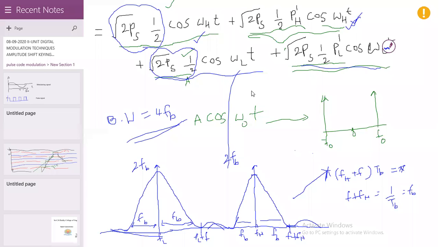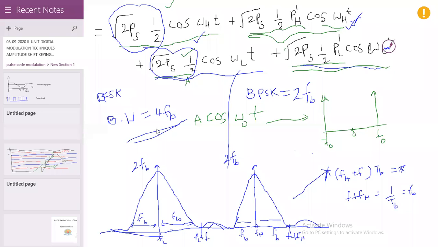Whereas in BPSK, the bandwidth is only, how much have you calculated? That is 2FB. Whereas in BFSK, the bandwidth is equal to 4FB. Why is the bandwidth 4FB in BFSK?